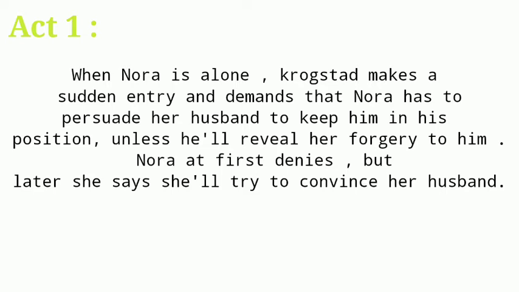But Nora refuses to do so. When she refuses, Krogstad starts blackmailing her, saying that he would inform her husband Torvald about the loan that she had taken from him, that is Krogstad, by forging her father's signature.